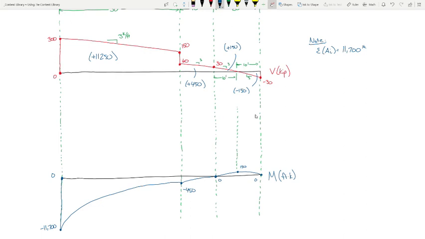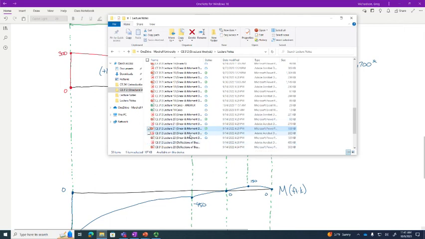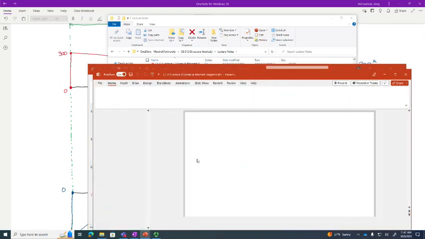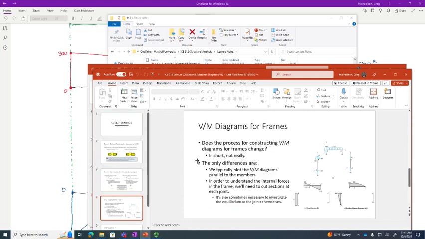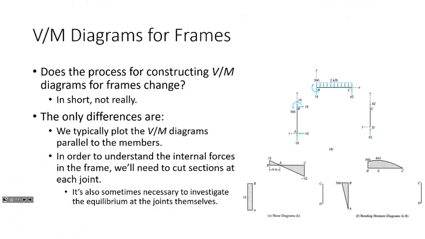All right. So the only thing left to do, and we will do this on Wednesday, is I'll pull up the notes here just to illustrate. The only thing left to do for shear and moment diagrams is this. So we're going to draw shear and moment diagrams for frames.